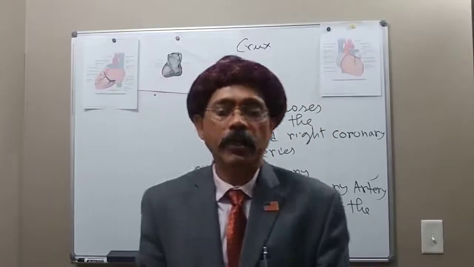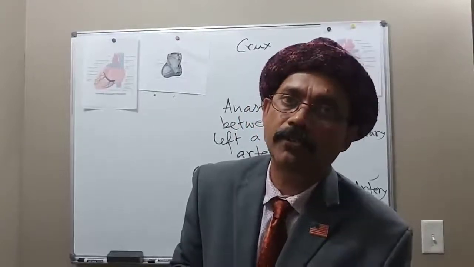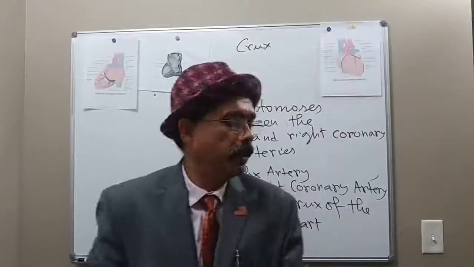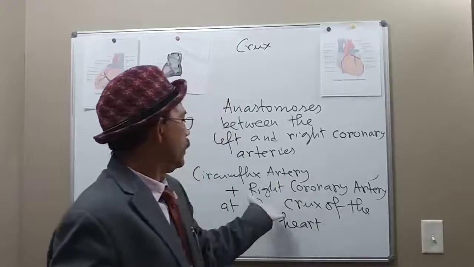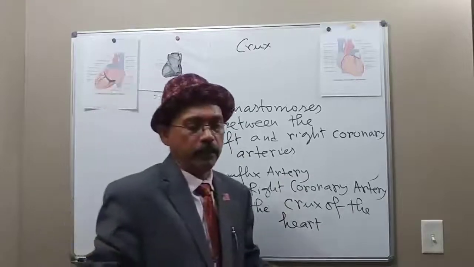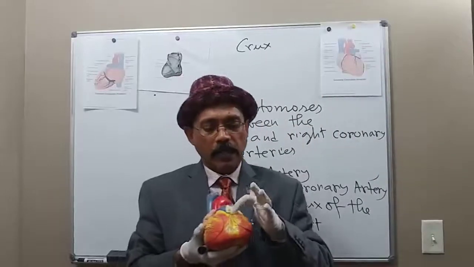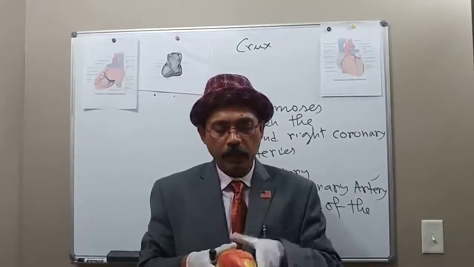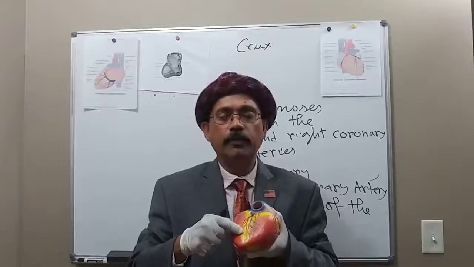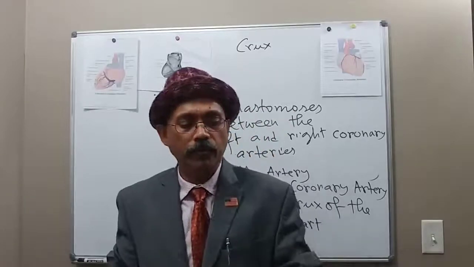Okay. So there may be an anastomosis between the circumflex artery and the right coronary artery. Okay. We may have also anastomosis between the LAD or anterior interventricular artery with the posterior interventricular artery. That is also possible.